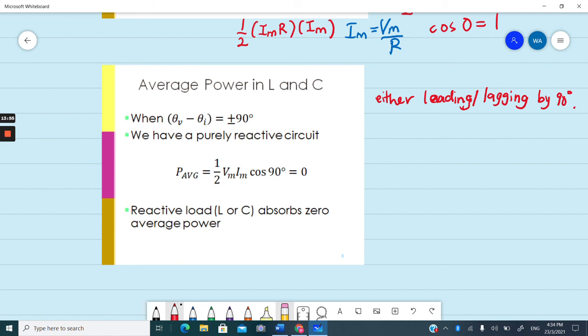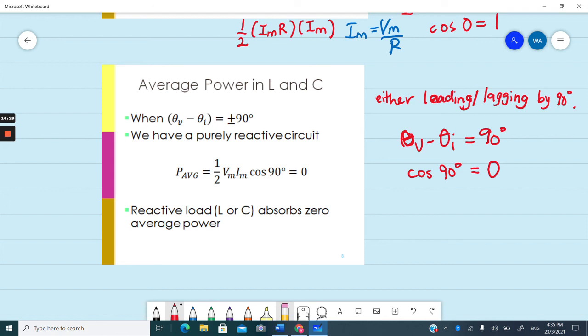You will have a purely reactive circuit if the circuit consists of inductor and capacitor, because the angle for inductor or capacitor has a difference of 90 degrees. If you calculate cos 90 degrees, it equals 0.